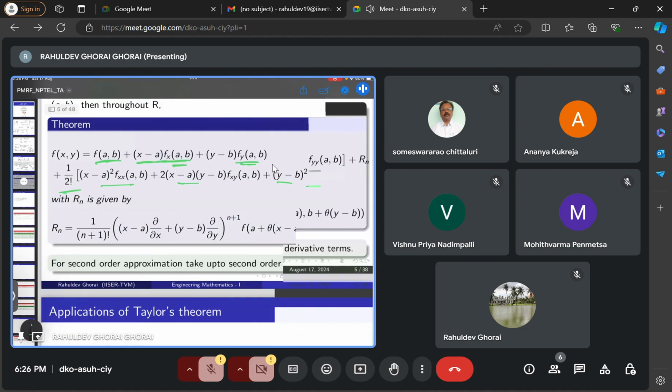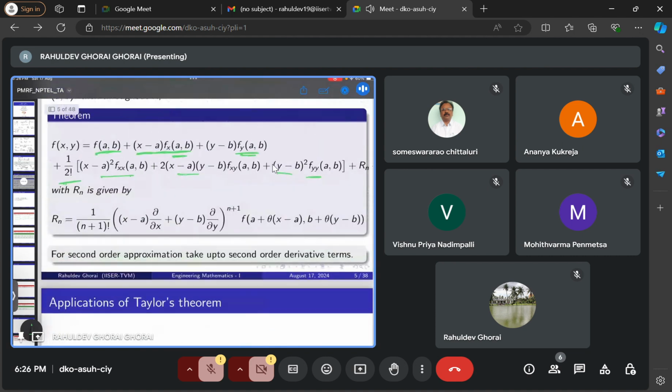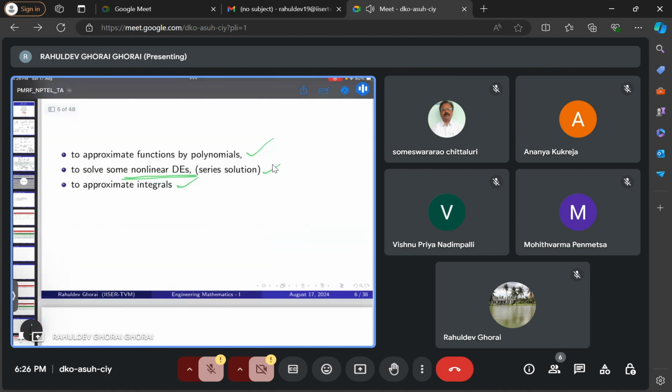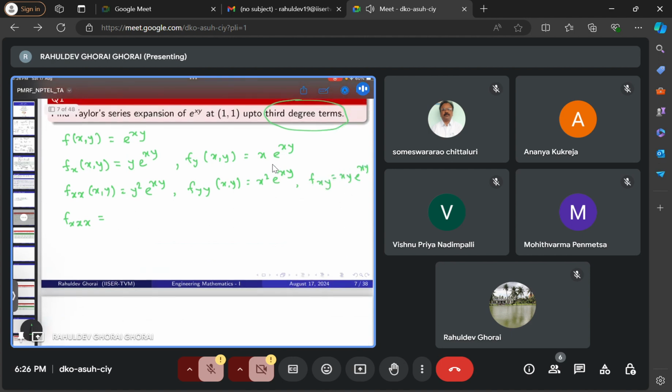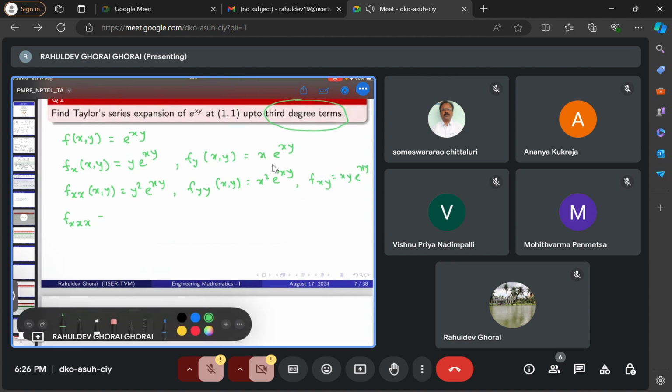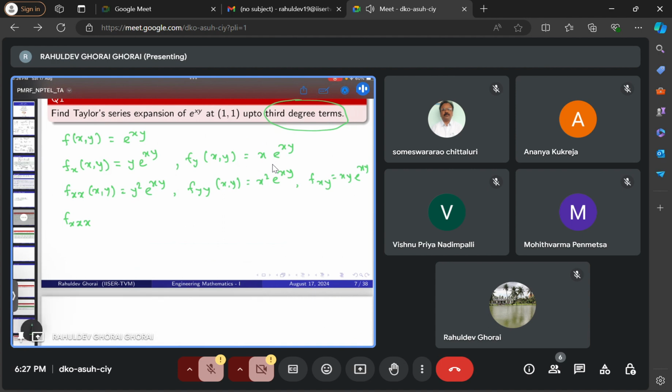Third degree terms will involve the third derivative of f with respect to x, which at x, y will be y cubed times e to the power xy, and so on for the others, like f_xxy, which will be y times e to the power xy.